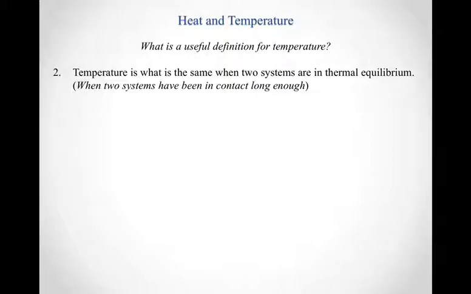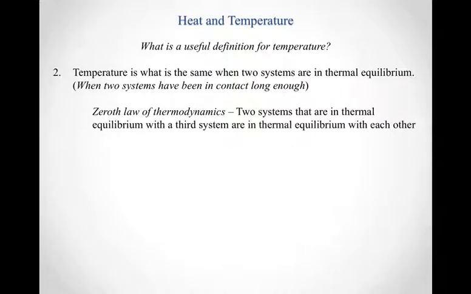If they're at the same temperature, that means they've been in contact long enough that you've transferred energy back and forth between those two systems so that they've now reached the same temperature. So again, here's where the two important details of our operational definition still show up. They've been in contact, you've allowed a pathway for that energy transfer to occur, and you've allowed the time for it to occur.